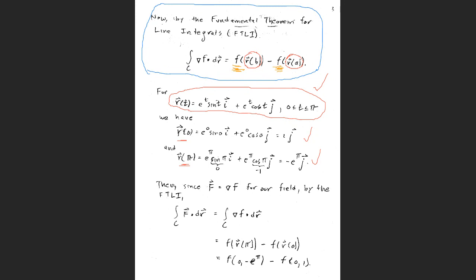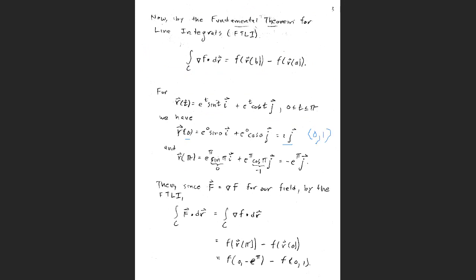Okay, so all right, we have that the particle starts at time zero. At time zero, the particle is at position 1j. Well, you could think of that as (0, 1), right?